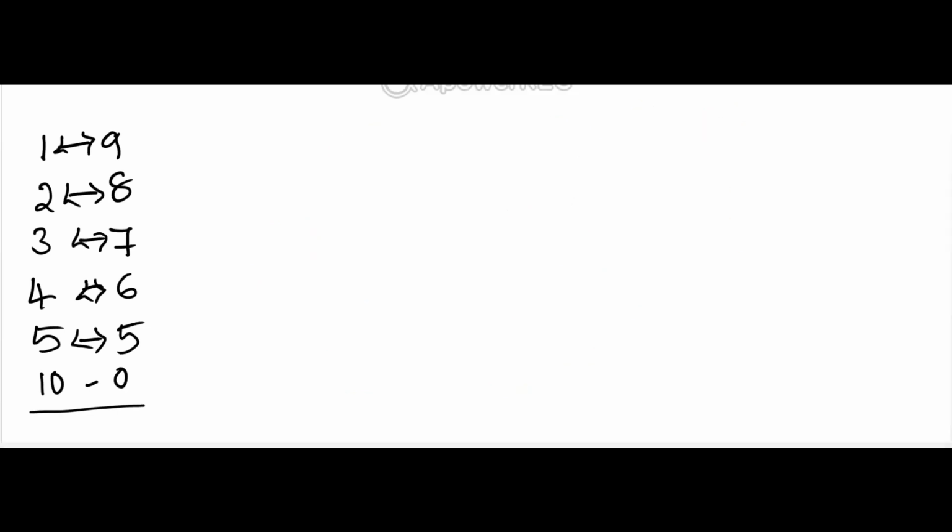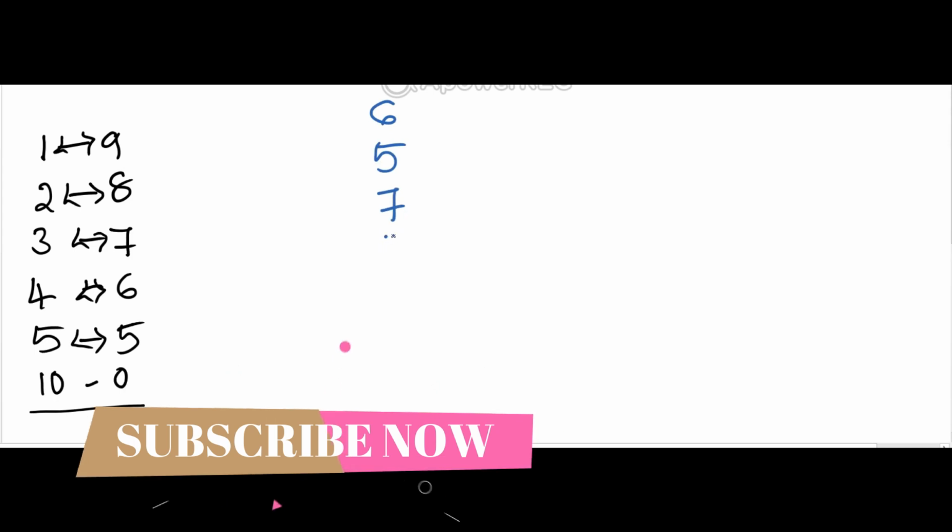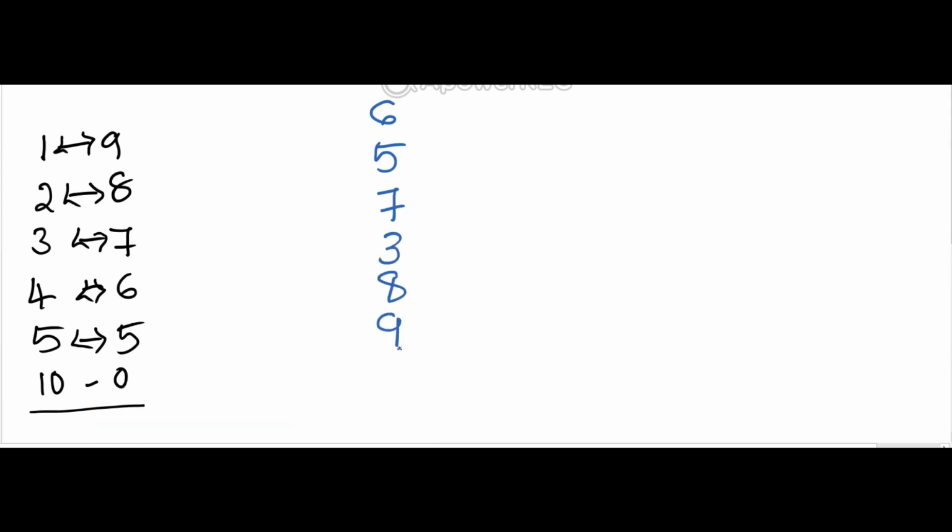Now friends, we will solve one more problem: 6, 5, 7, 3, 8, 9, 4, 1, 3. I want you to solve with speed. You can start from the bottom or from the top, no problem. So 6 friend 4, 10.